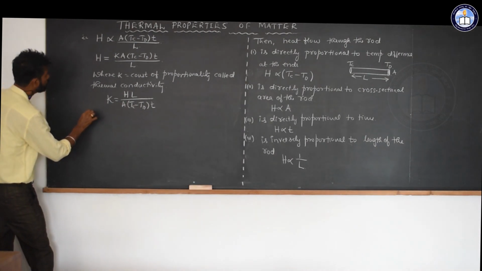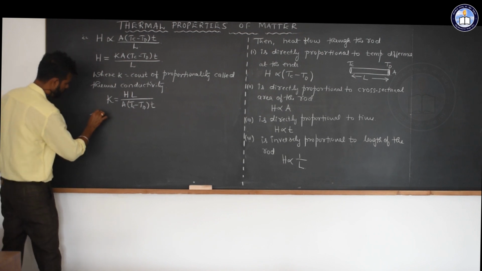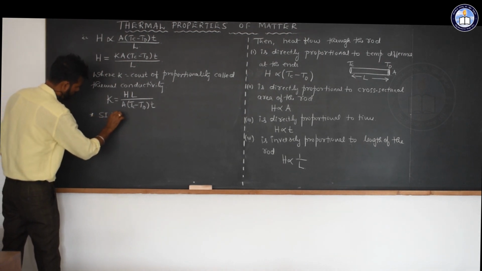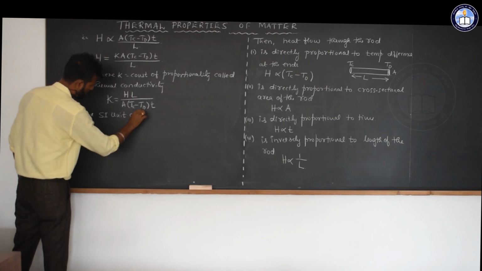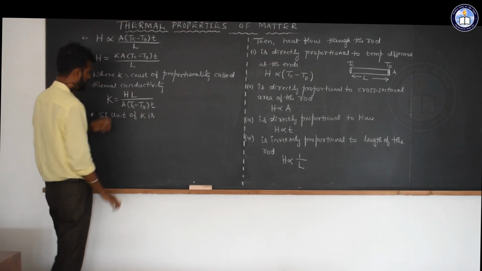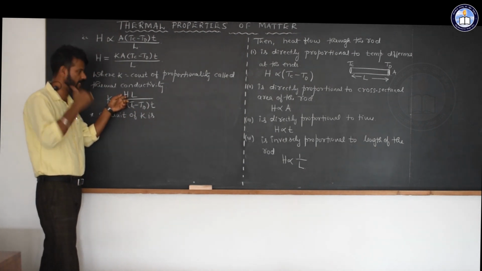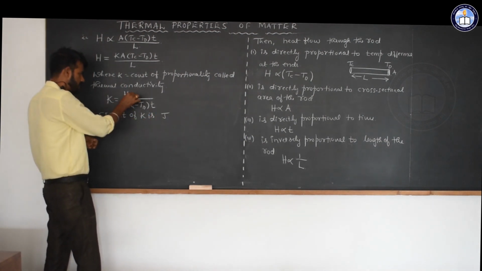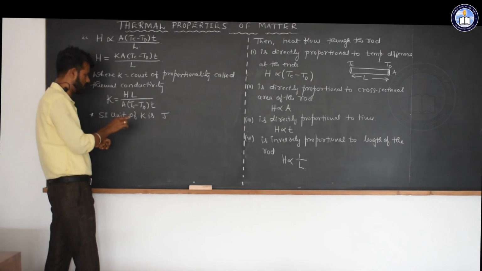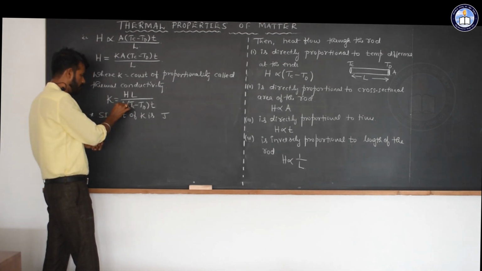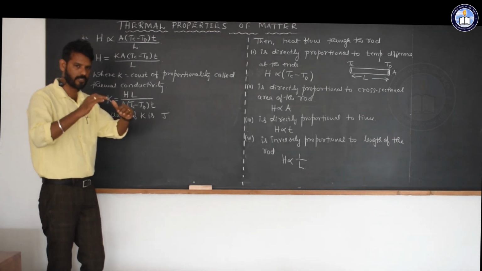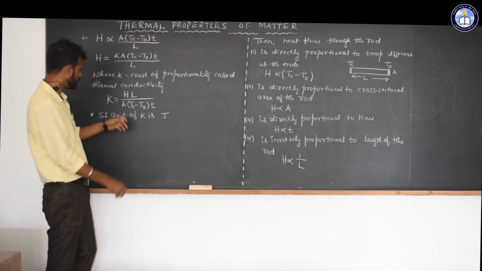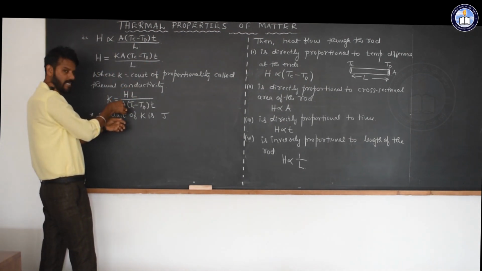Here, for the SI unit: H is the heat flow, measured in joule. L is a length, measured in meter, whereas in the denominator we have area, measured in meter square. Therefore meter and meter cancel out.